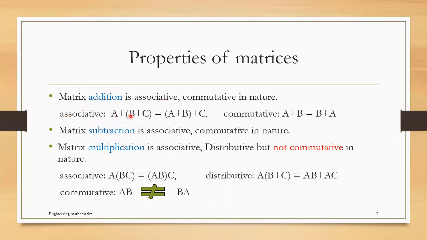A plus (B plus C), where first we add B plus C, and then we add A to the result, will be equal to (A plus B) plus C, where we first add A plus B and then add C. Commutative means that A plus B, where the first matrix is A and the second is B, will be equal to B plus A, where the first is B and the second is A.